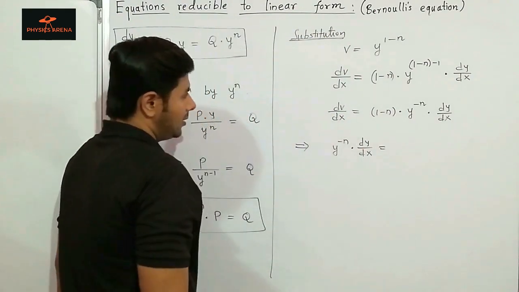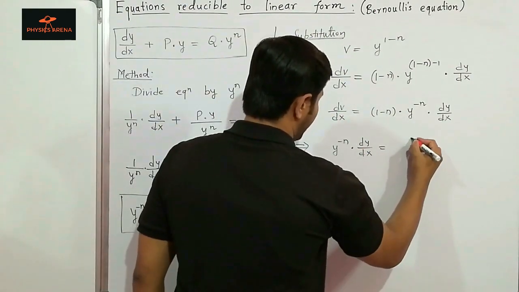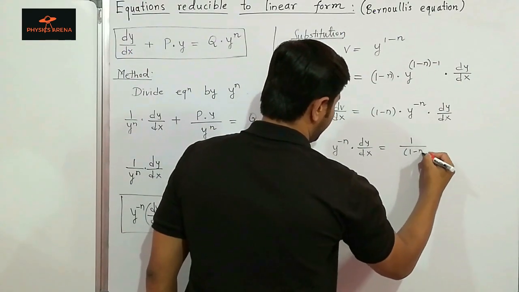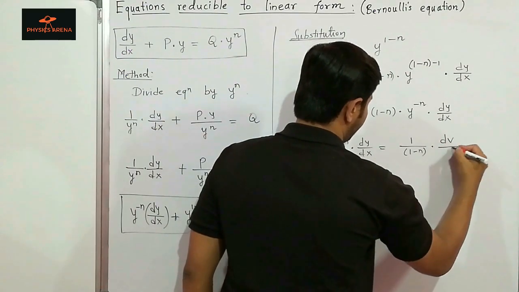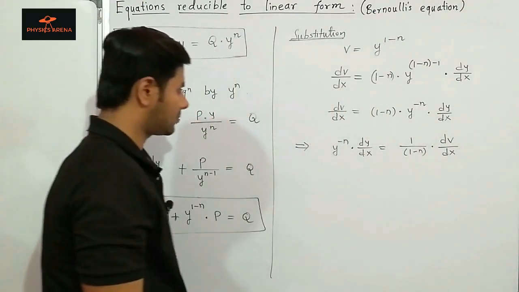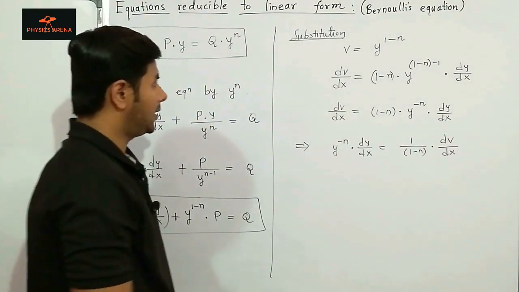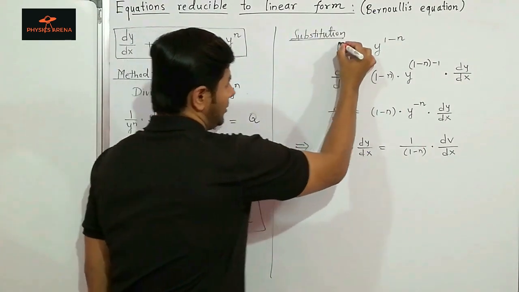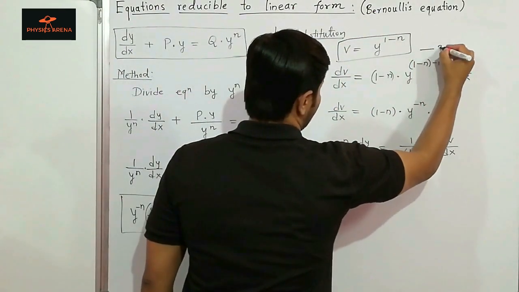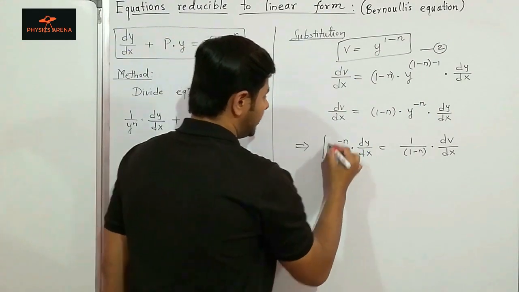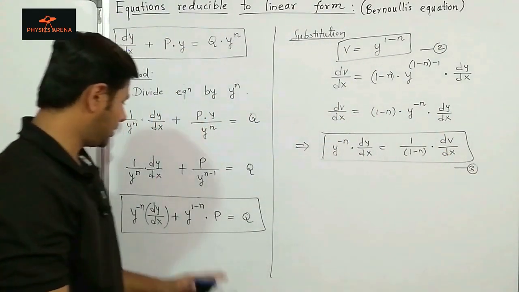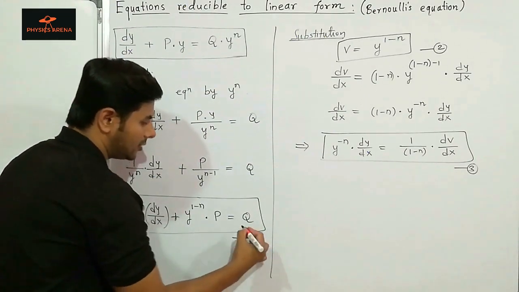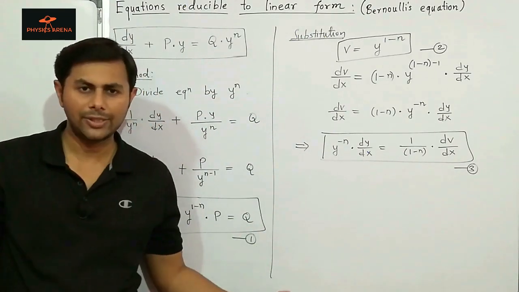It gives me 1 over 1 minus n multiplied by dv by dx. Then I can substitute this thing, let's call this 2, and this thing, let's call this 3 in this equation. So this is suppose the equation number 1.